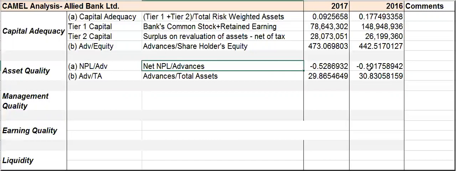It means they are performing well. In 2017, their advances to total assets ratio is less, and the recovery is also not as good, because they are unable to recover 0.52% of their advances. So overall, in 2016 Allied Bank is performing well with respect to asset quality as compared to 2017.